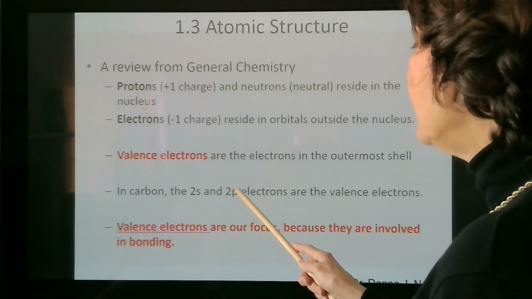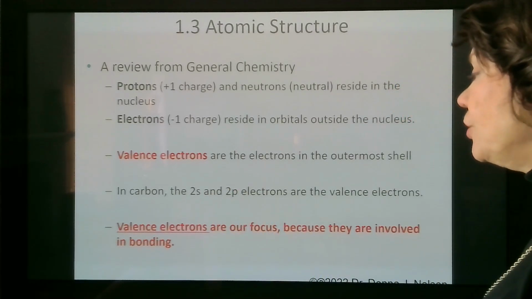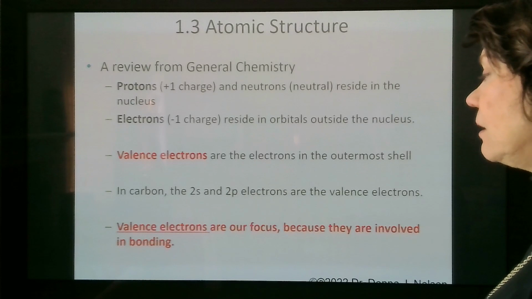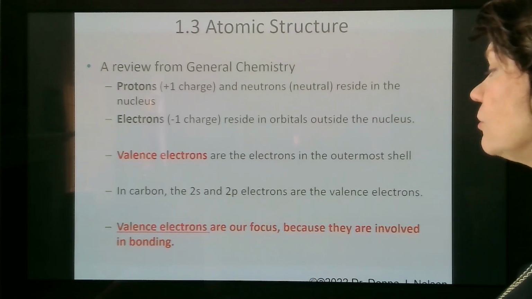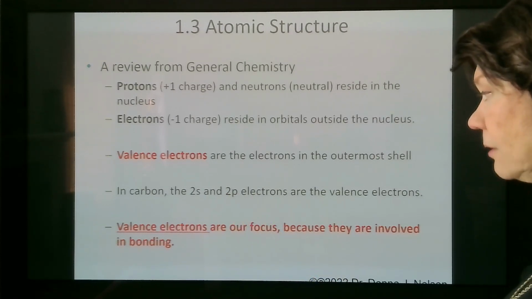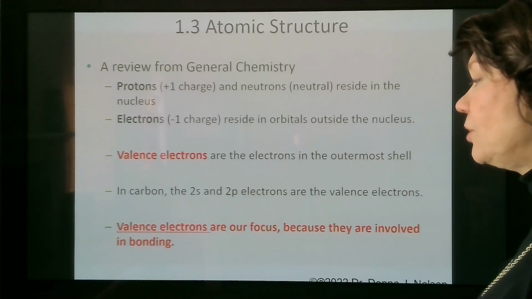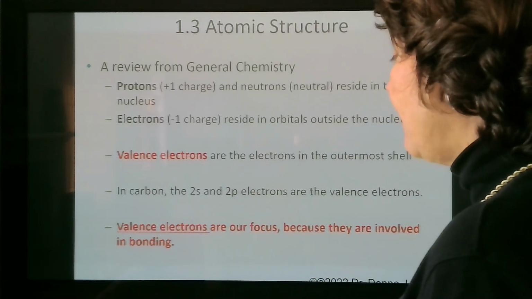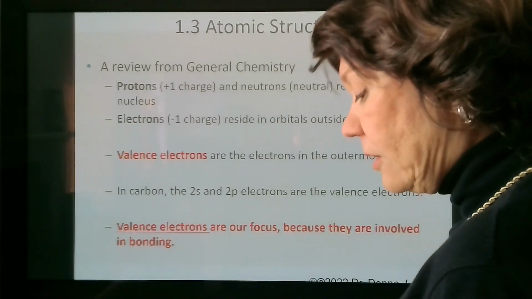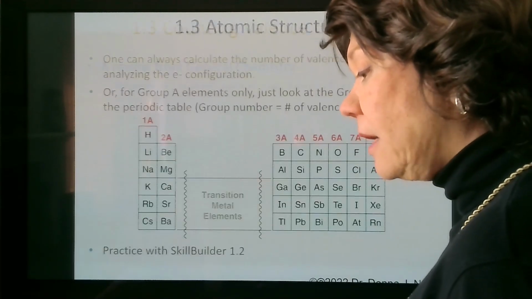In carbon, the 2s and 2p orbitals contain the valence electrons. So the 2s and 2p electrons reside in the 2s and 2p orbitals. The valence electrons are the ones that are involved in bonding.